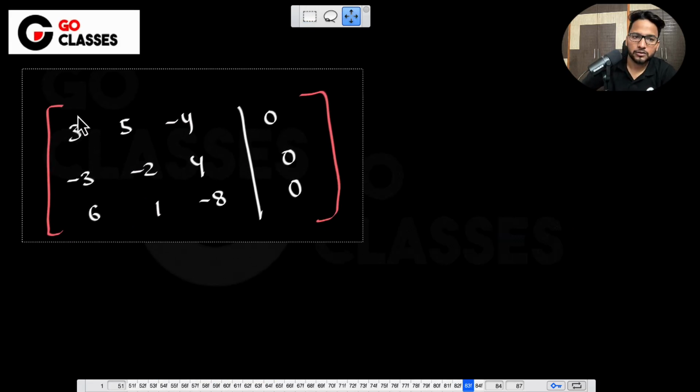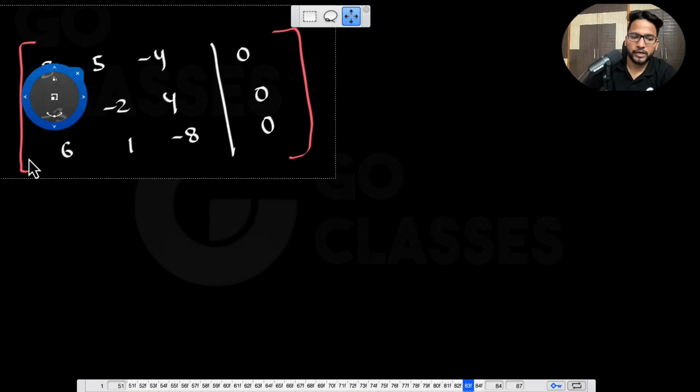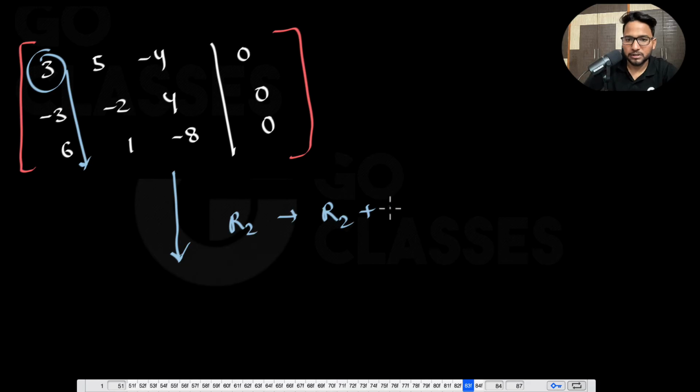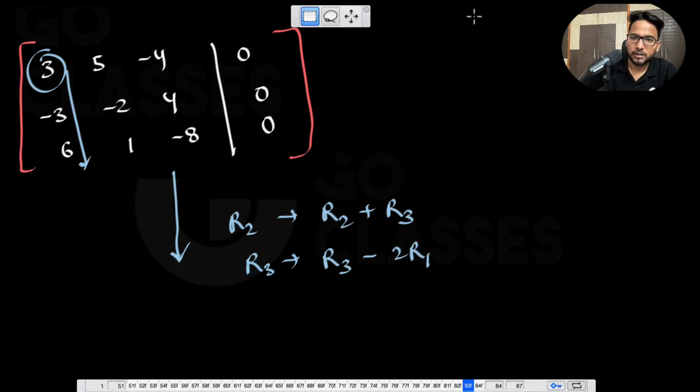So below this 3 let's try to make the value 0. Now what you can do, you can apply some elementary row operations, which will be something like this: r2 plus, maybe you can just say r3, I think it will make it 0, and for r3 you can say r3 minus 2r1, right? Okay, so let's do it.